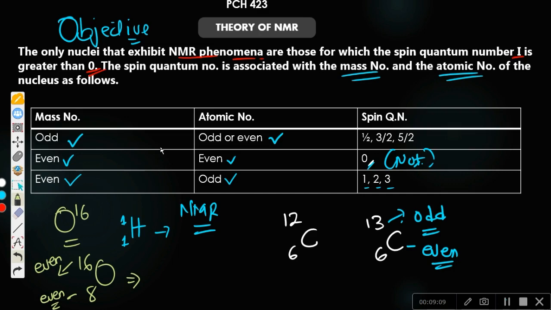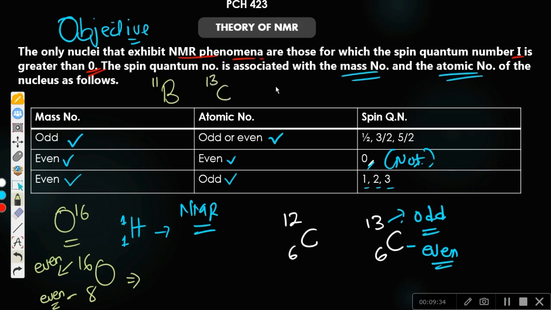Now, the reason is because their NMR spectrum will be much more complex than could be accounted for. Is that okay? Now, other nuclei that can actually exhibit this NMR phenomenon are nuclei like boron 11, carbon 13.